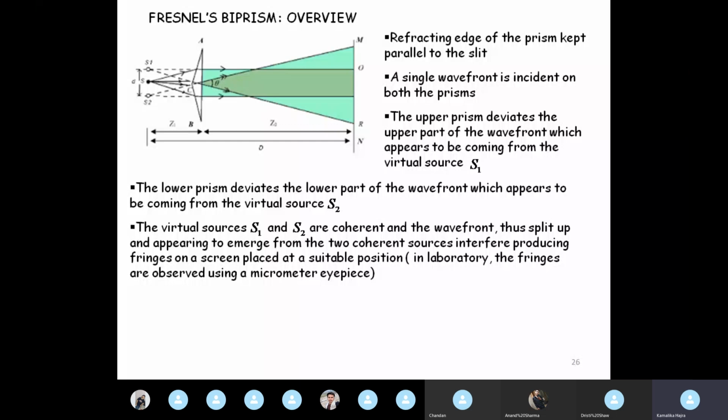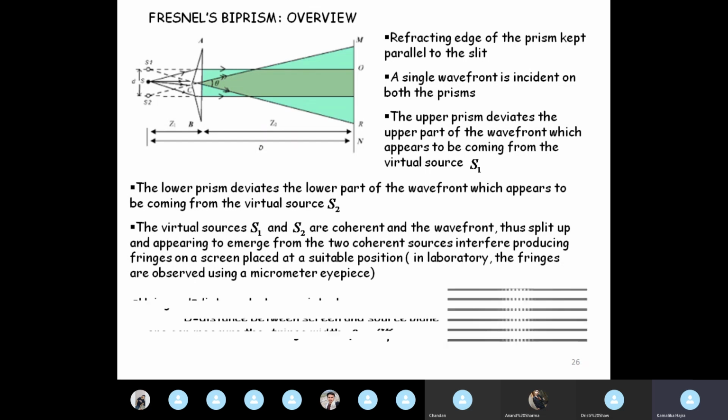So S1 and S2 of course are coherent, and the wavefront splits up, and they appear to emerge from two different coherent sources. So they interfere, producing fringes on a screen placed at a suitable position on the right hand side of the prism. And as I told you, in the laboratory, the fringes are observed using a micrometer eyepiece.